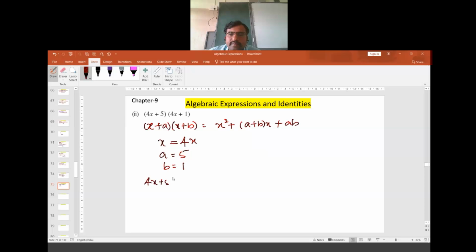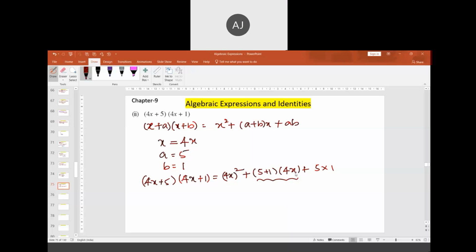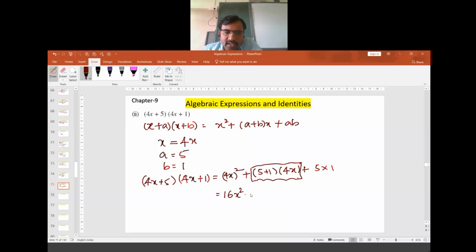So if I am using the identity, instead of x, I need to take 4x. 4x whole square plus 5 plus 1 into 4x plus 5 into 1. This middle term is very important. You should not consider 4x added to this particular thing. This is one term. This becomes 16x square plus 24x plus 5.